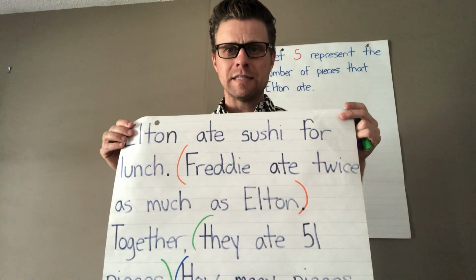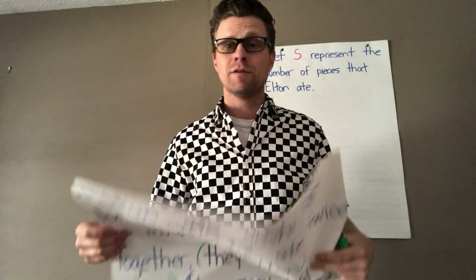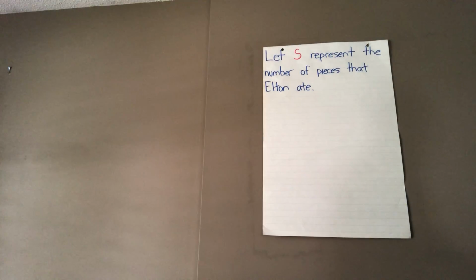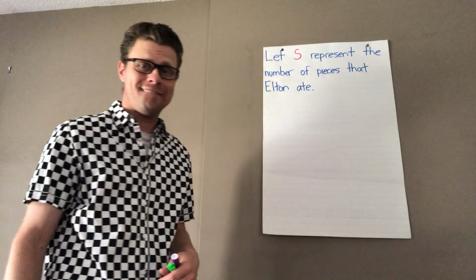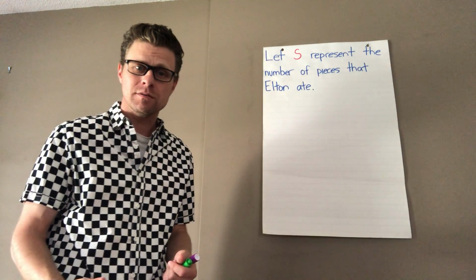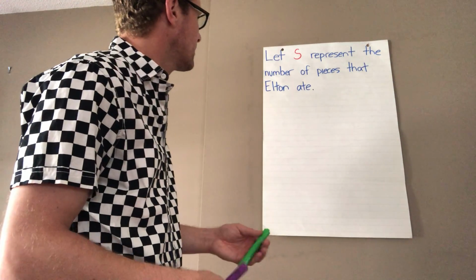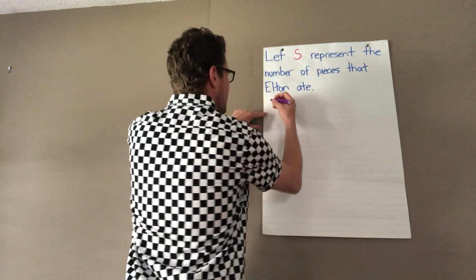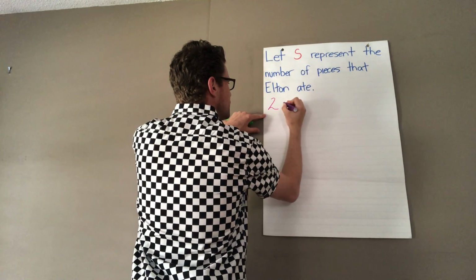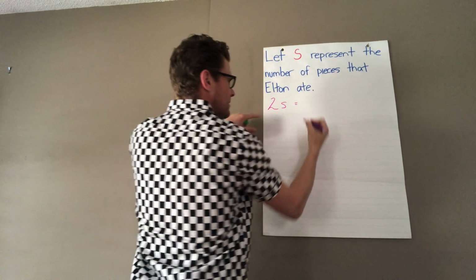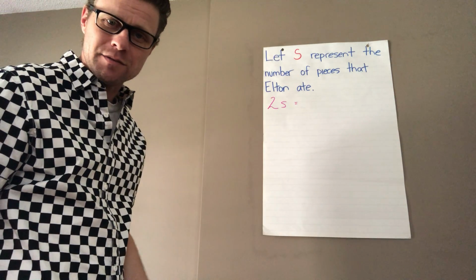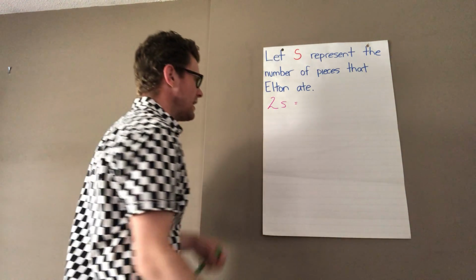Well, it says twice as much. Perfect. Twice as much is how many times more than Elton? 2. So that means 2S is going to represent what Freddie ate.